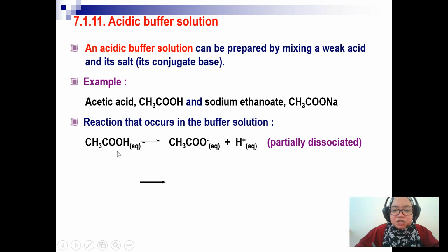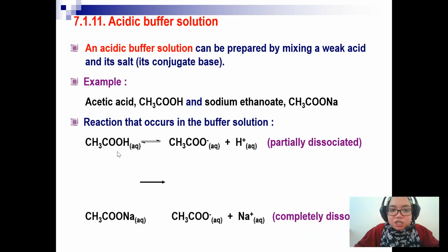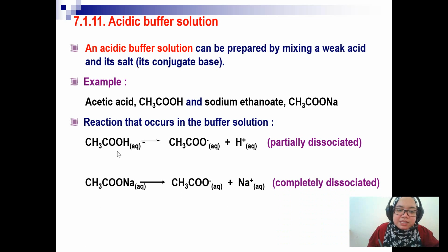However, its conjugate base, CH3COONa, sodium ethanoate, is a strong conjugate base, because a weak acid will form a strong conjugate base and vice versa. A weak base will form a strong conjugate acid. Since it is a strong conjugate base, it can be completely dissociated.